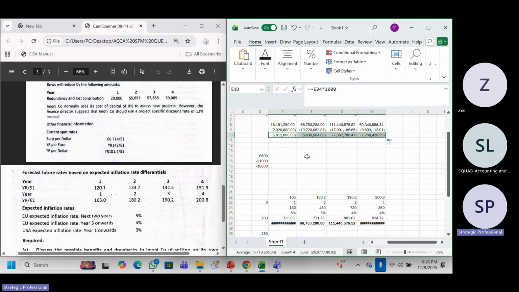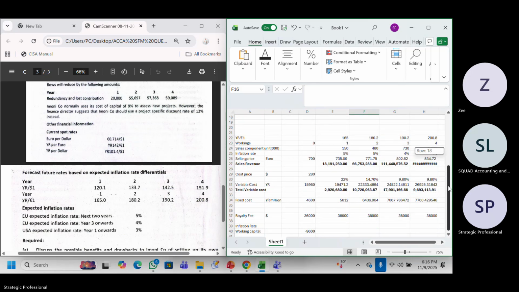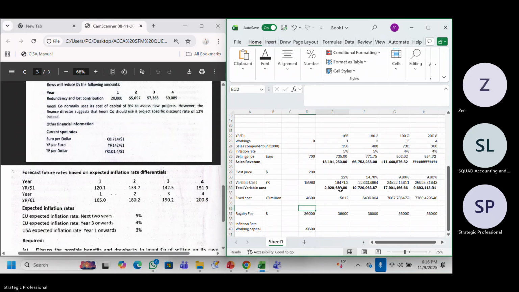So let's deal with the royalty fee. They say the royalty fee is in dollars. If the royalty fee is in dollars, that means we're going to convert dollars to yen, right? And what's the exchange rate?